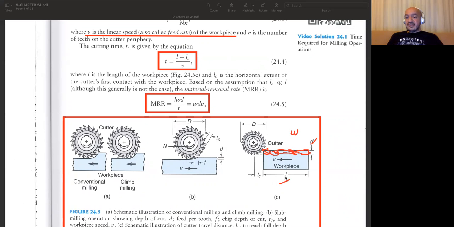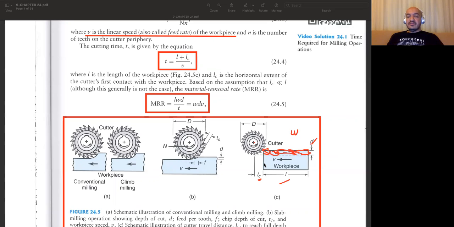So what are the lengths? We have the workpiece length L, and we also need to include LC. What is LC actually? It is the distance between the center of our cutter and the tip of the cutter once it touches the workpiece. So that's why we need to include it in the equation, since once it touches the workpiece, we start the machining process.